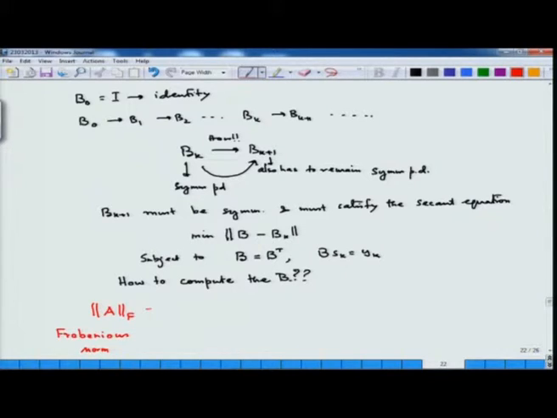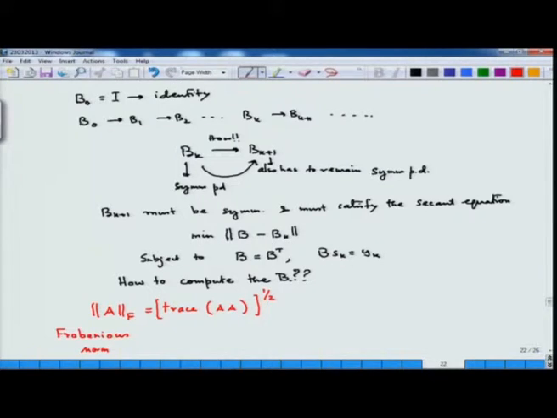And this Frobenius norm can be actually written as the trace of A transpose A, and you take half of that.